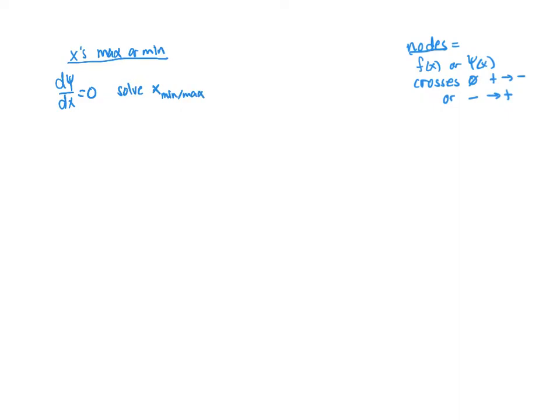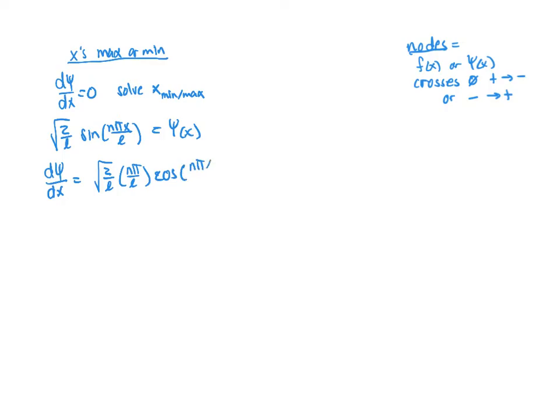So we take our particle in a box function that we know already and find its derivative. The derivative is the square root of 2 over L, times n pi over L, times cosine of n pi x over L, because the derivative of sine is cosine. I got this extra n pi over L because I had to take the derivative of what's inside.